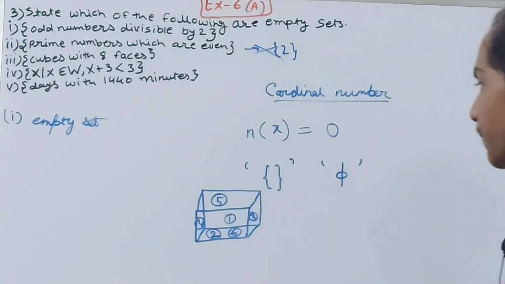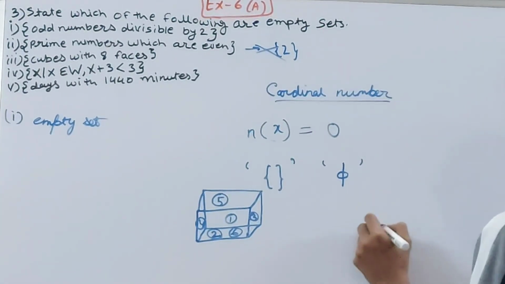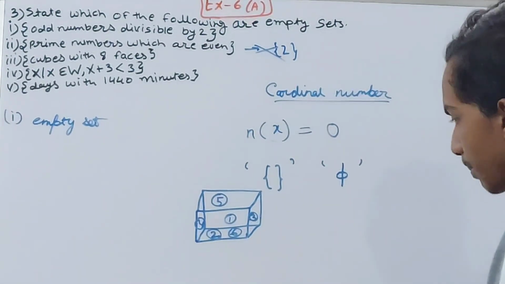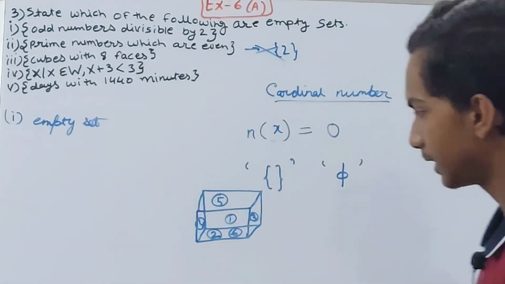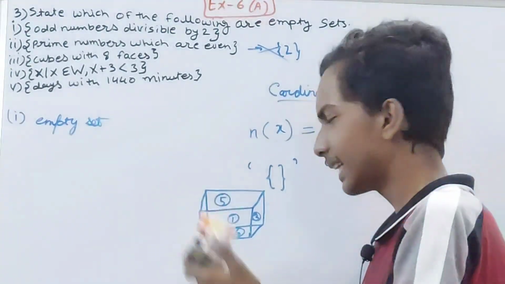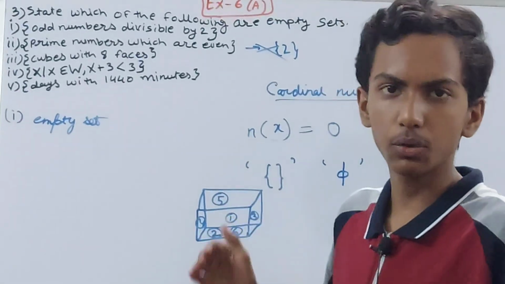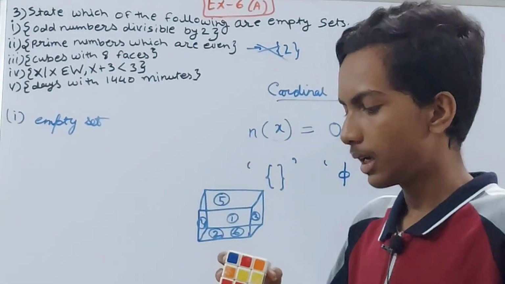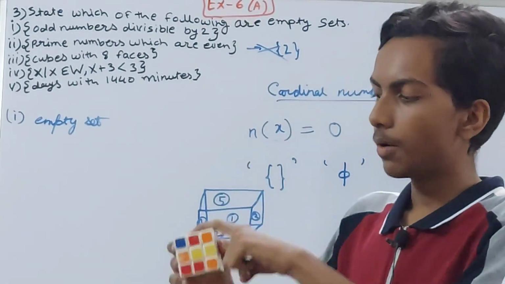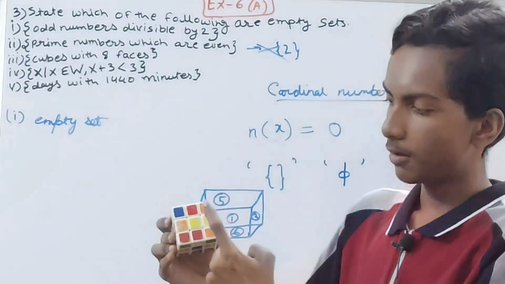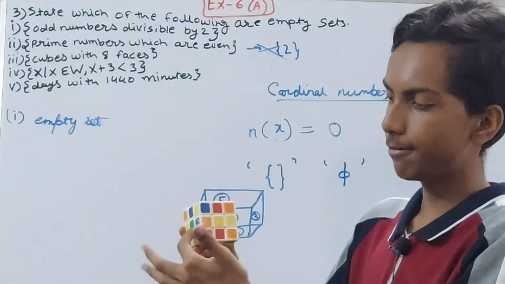See it this way only, like if you see a cube from a perspective. Let me bring it here. Try to take this as an example. This is a cube. So see here: top, bottom, front, back, left and right.